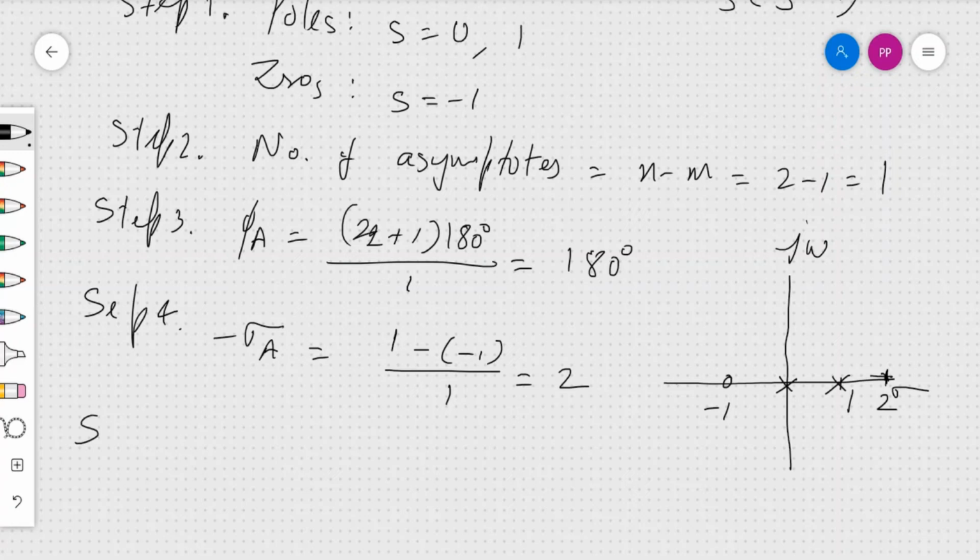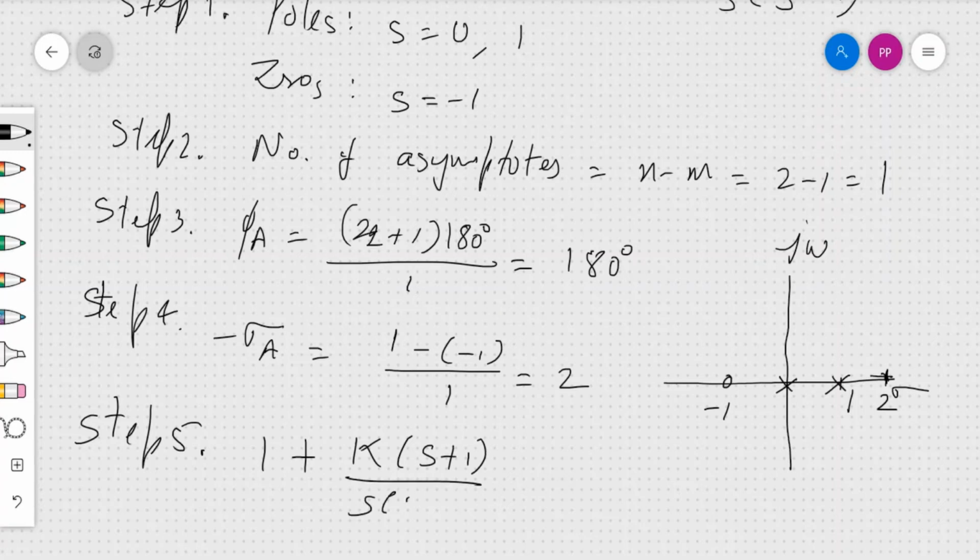So next we shall be finding the breakaway point for this root locus. To find the breakaway point, we have the characteristic equation: K into (s plus 1) divided by s into (s minus 1) equal to 0, which implies that K equals minus of s into (s minus 1) divided by (s plus 1).